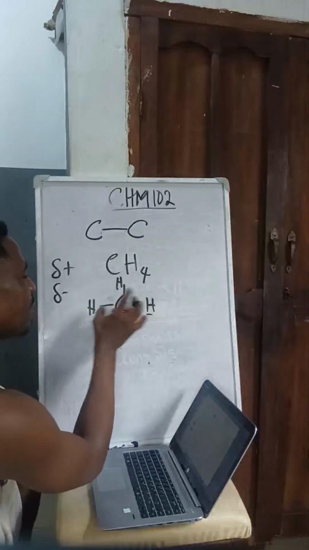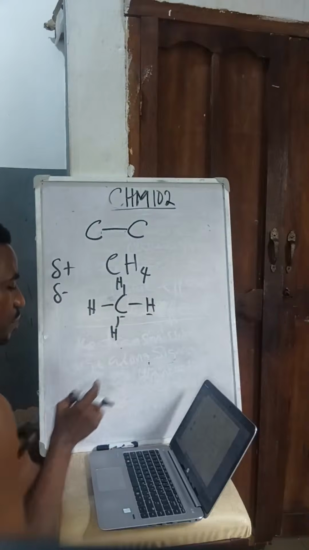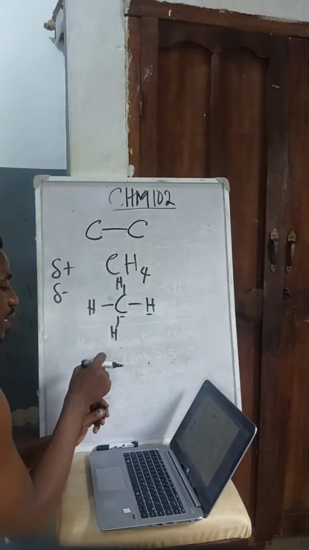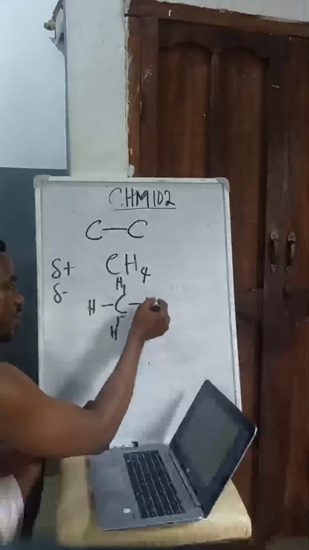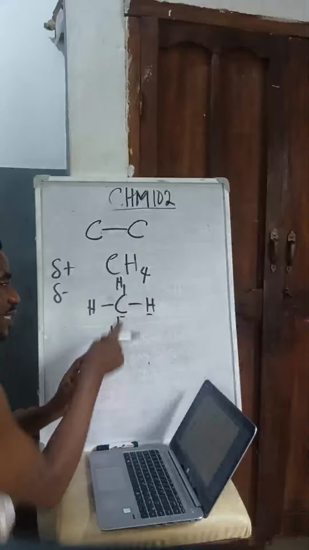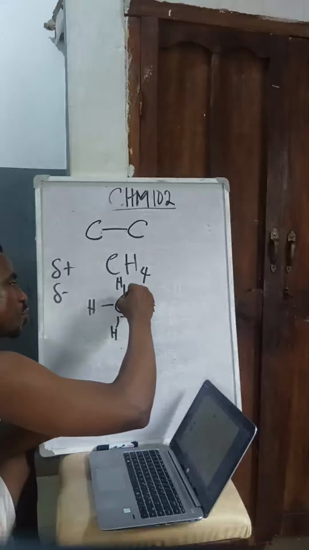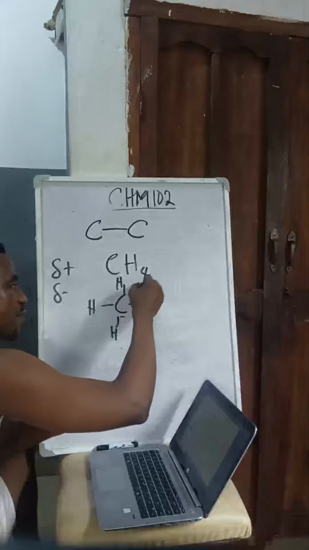And now, which one is more electronegative between hydrogen and carbon? Okay, so in this case, hydrogen is more electronegative than carbon. So the charge is going to move. Have you seen it?